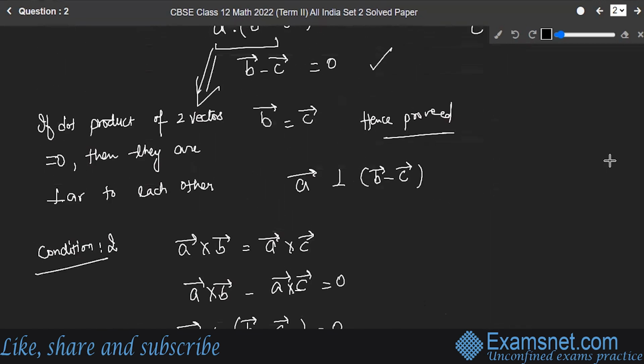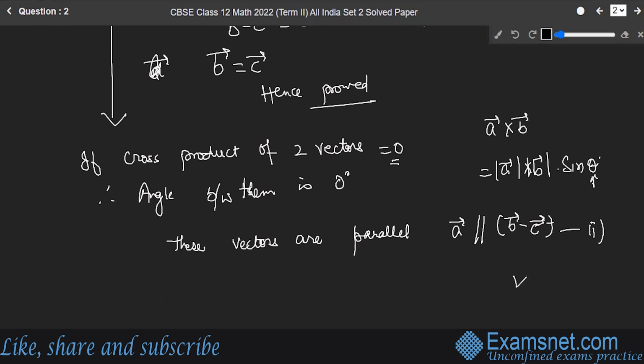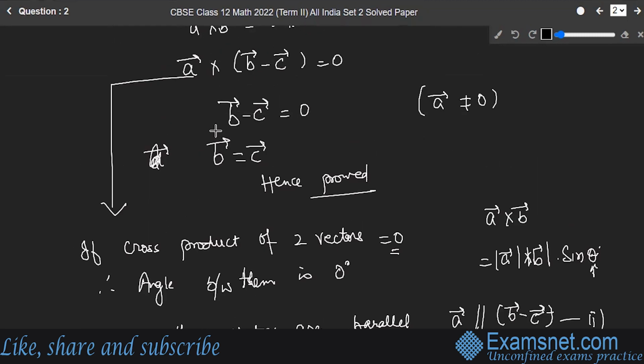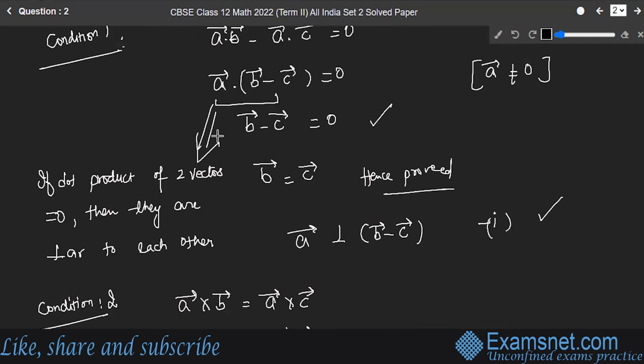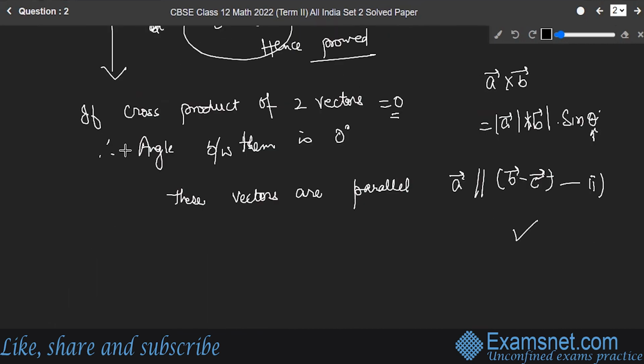Okay. Now, from these both things, if I say this as 2 and this one as 1, from 1 and 2, A cannot be both perpendicular and parallel to B minus C. From here you are getting that A is perpendicular to B minus C, and from here you are getting that A vector is parallel to B minus C. Correct? These are not both true, which means the only possible thing is that B and C are equal, because these contradict each other.